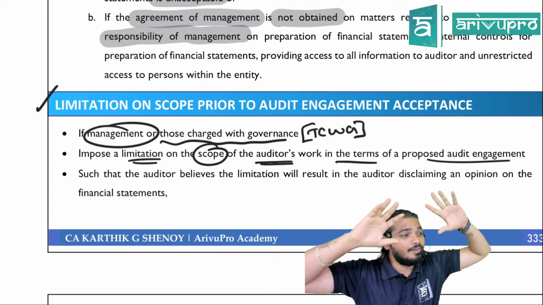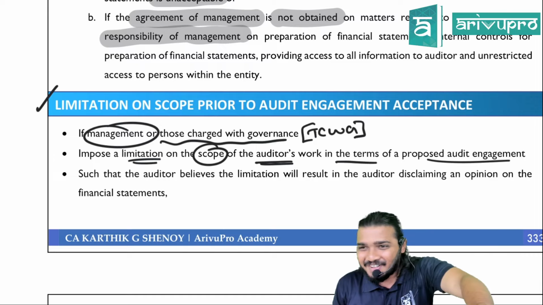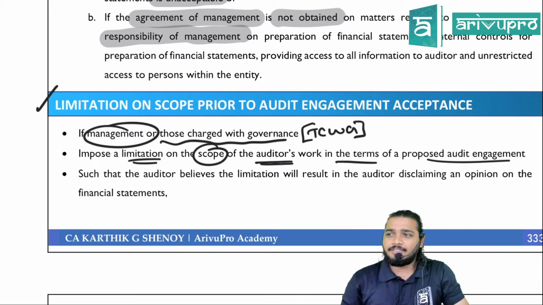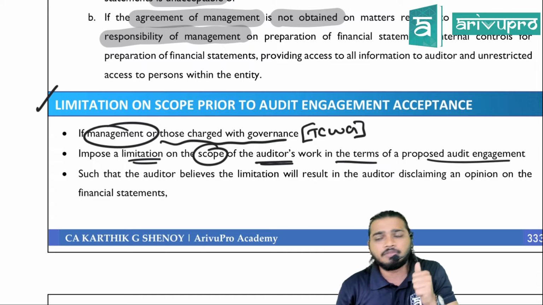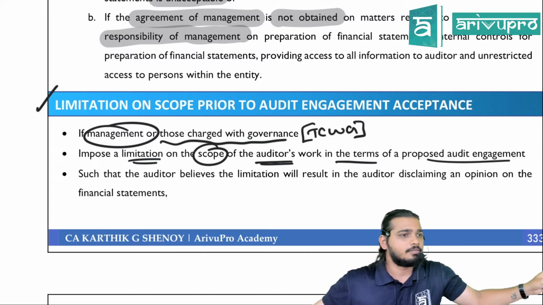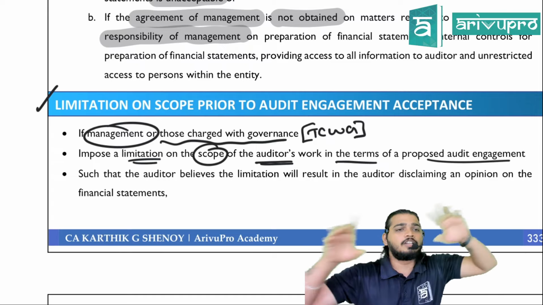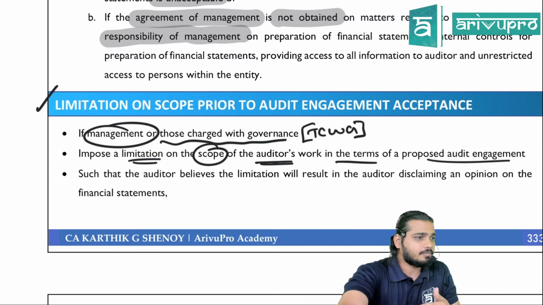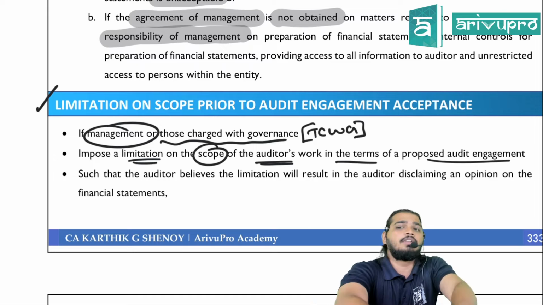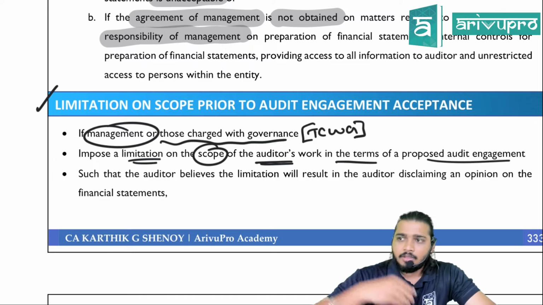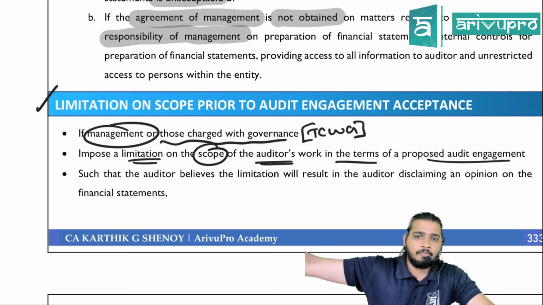Now you get married. Tomorrow, if there is a restriction on the scope, the problem is for whom? Both. Families will suffer now. So it is better to first agree, and then if that is okay, you go forward. Clear?